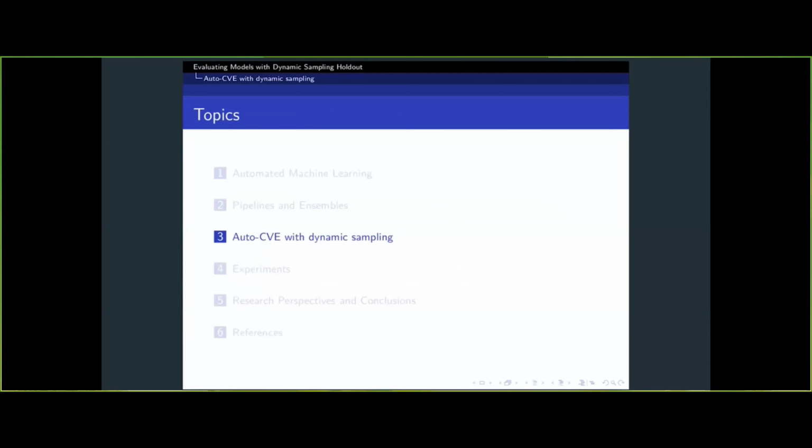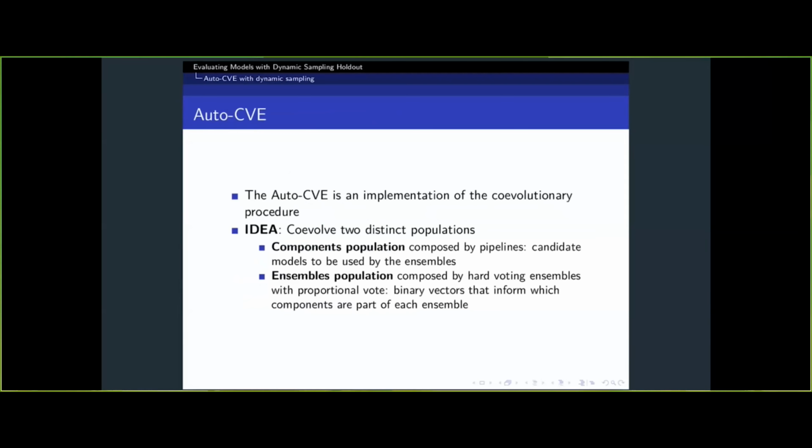So now talking about the Auto-CVE, our idea is to focus on building ensembles as the element of interest. In this sense, the Auto-CVE uses an implementation of the coevolutionary framework, where we have two populations. One of these populations is composed of pipelines to be used in an ensemble, the single models that will be aggregated.